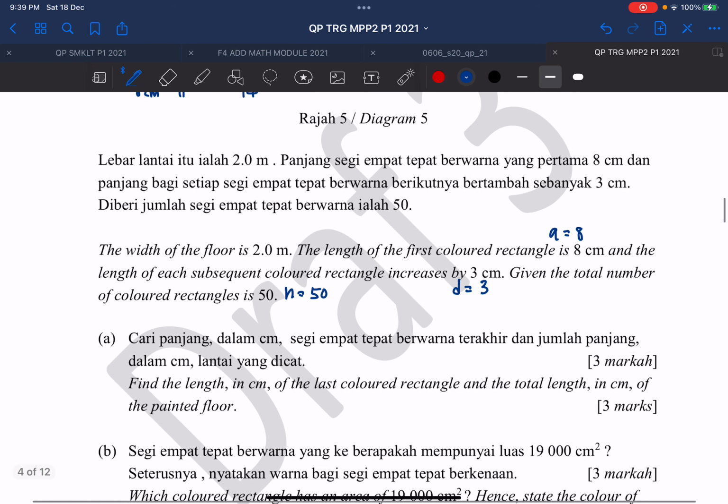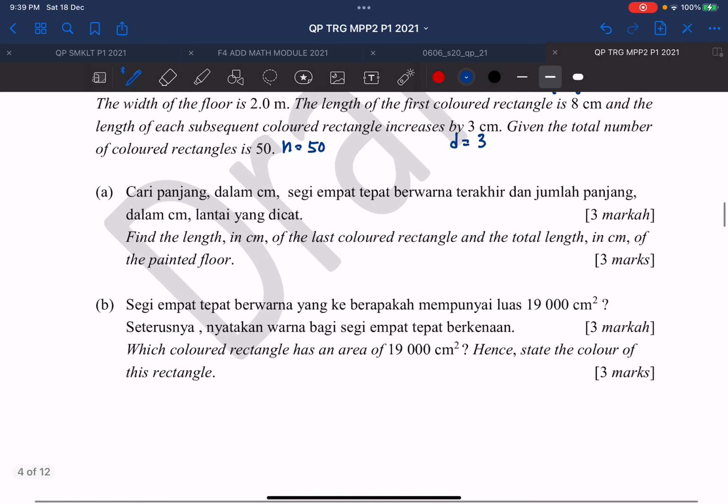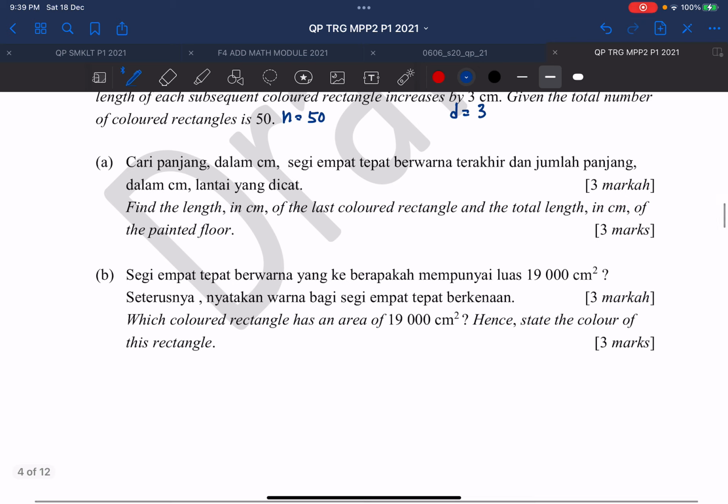They want to find the length in cm. For question A, the last colored rectangle will be T50. And the total length of the floor must be the summation, S50.